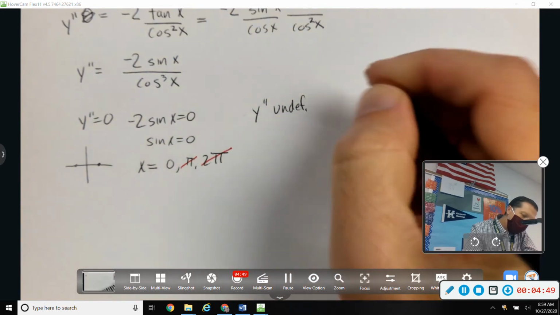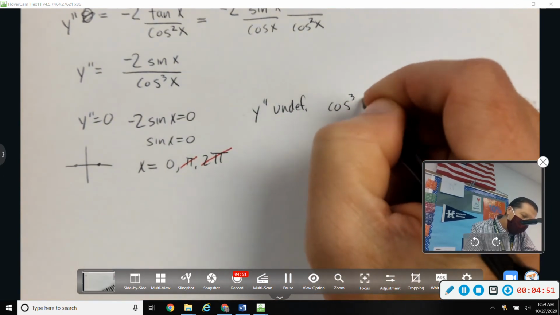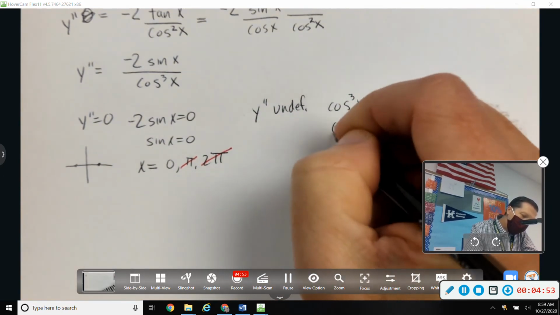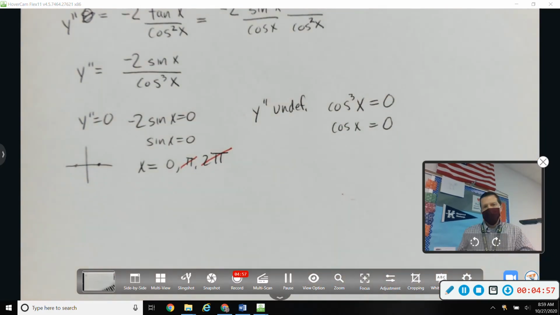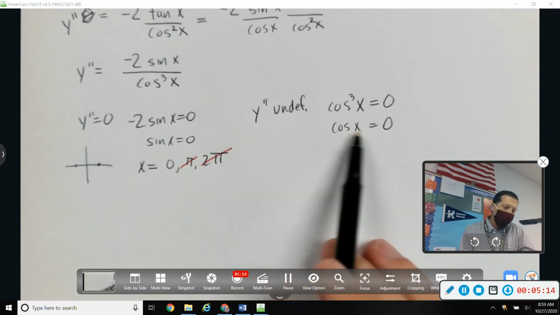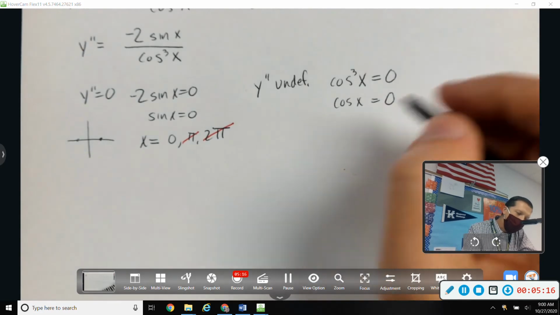And then it's undefined when cosine is equal to 0. Like some of you have mentioned this already, the parallel thing going on with the second derivative stuff and the first derivative stuff. We do the same thing. We find where it's 0, where it's undefined, we put them on a number line. It's just our conclusion is different. Here we're going to be concluding things about concavity.